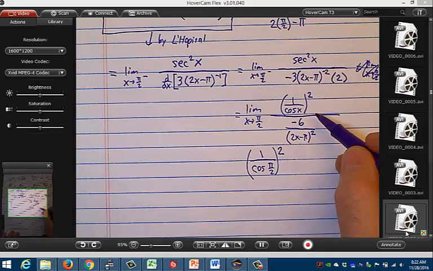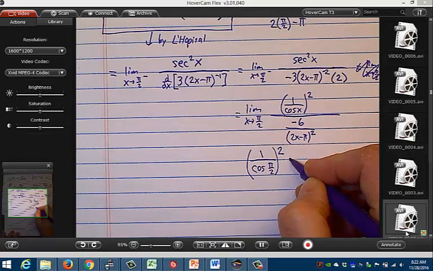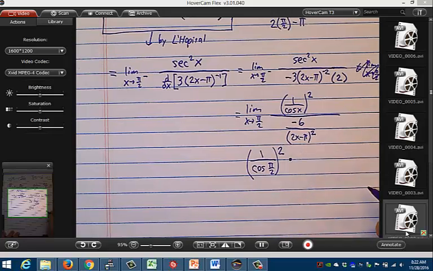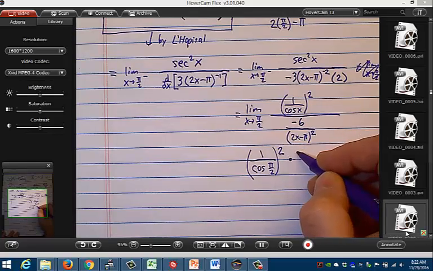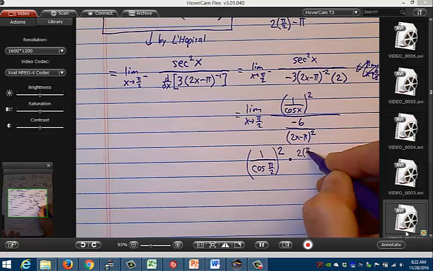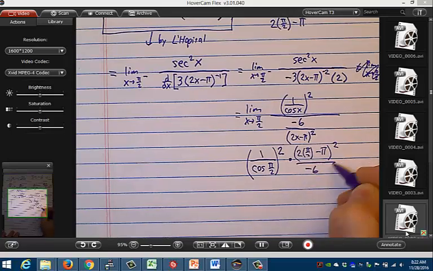Now, instead of dividing by this fraction, I know that I can multiply by what? The reciprocal. So I can multiply by 2 times pi over 2 minus pi squared over negative 6.